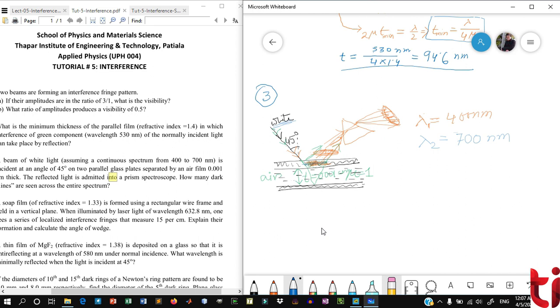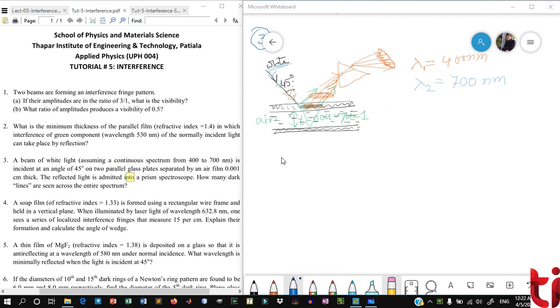Now to do that, for a given lambda 1, we have to find out the order number of the destructive interference. How to find that out? We have to use this condition: 2 mu t cos r is equal to n1 lambda 1, where n1 is the order number for the destructive interference.